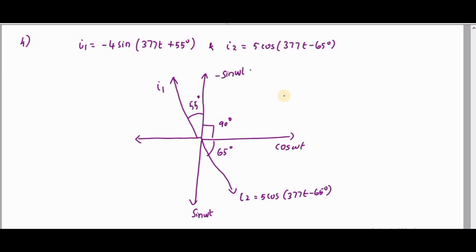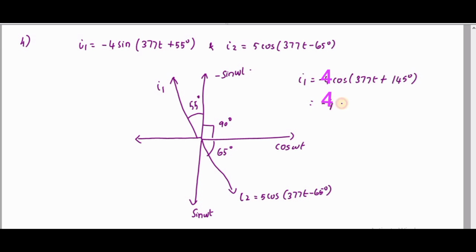So I can write I1 is equal to minus 4 cos 377t, and it has to go in the anti-clockwise direction, so it should be 90 plus 55 degrees, which is 145 degrees. So I1 is minus 4 cos(377t plus 145 degrees).